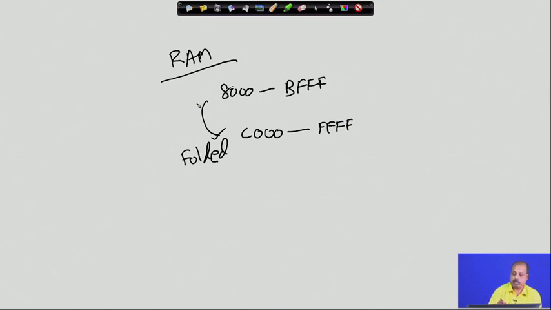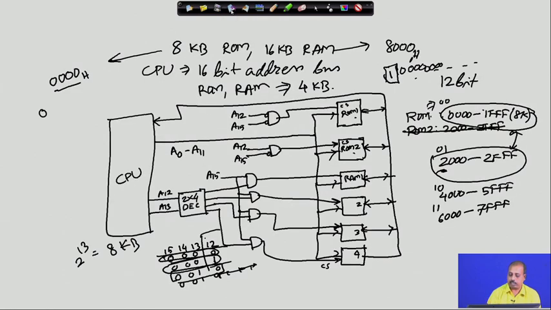Okay. So, there is a folding here, and this is again guided by this selection, like A15, A12, A13 have been used, only the A14 line is not being used. If you put the value of A14 to be 0 or 1, when A14 is 0 you get the first address range, and when A14 is 1 you get the second address range.